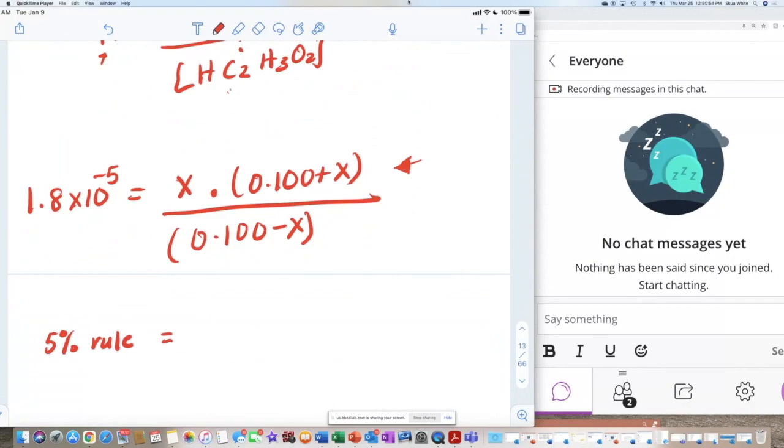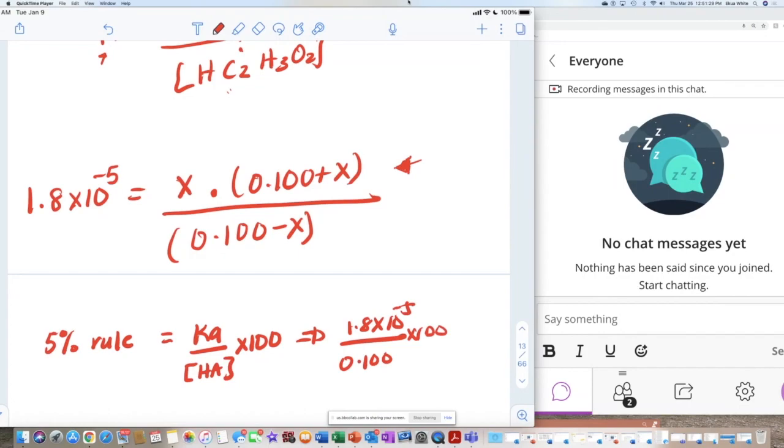So I'm trying to see if I can avoid that. For the 5% rule, take your Ka value divided by the initial concentration of the acid, HA, times 100. Do I get 5% or less? Let me see. Ka, 1.8 times 10 to the power negative 5, divided by 0.100, times 100.